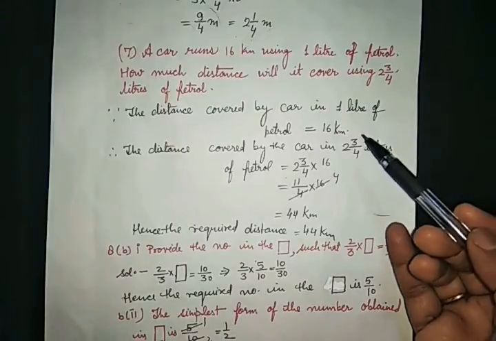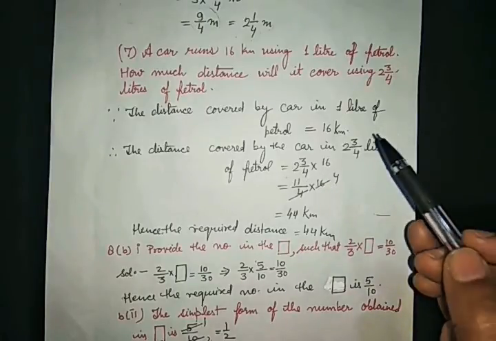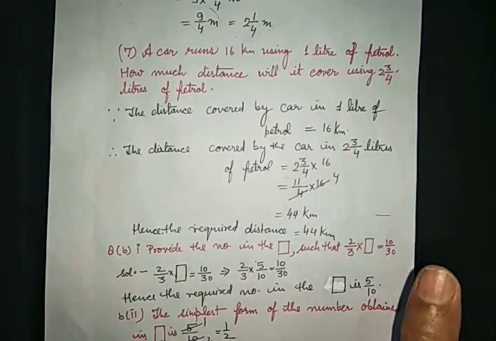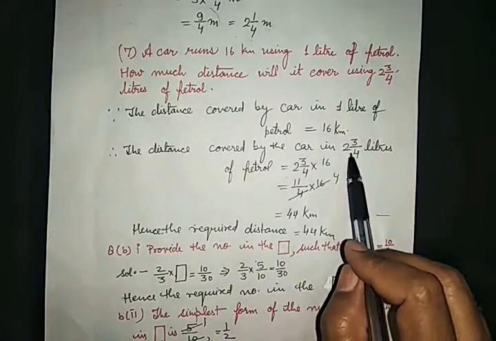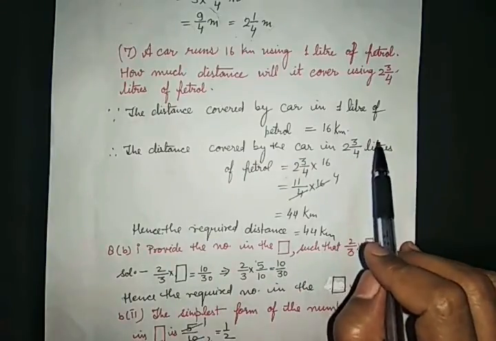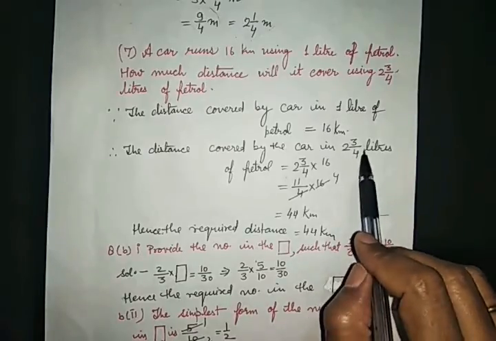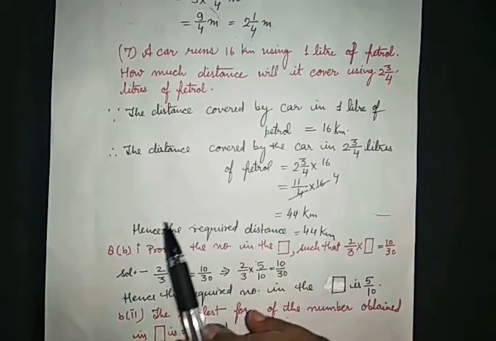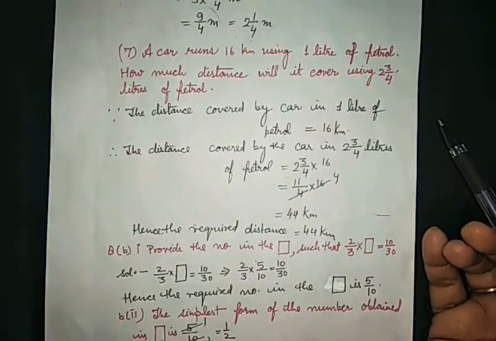So what will you do here? Multiplication or division? You will do multiplication, because here the quantity of petrol is increasing. So for 2 whole 3 upon 4, the distance will also increase.